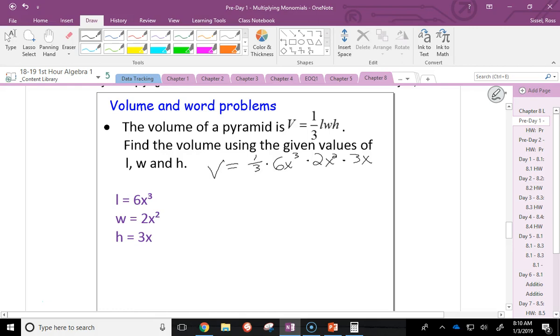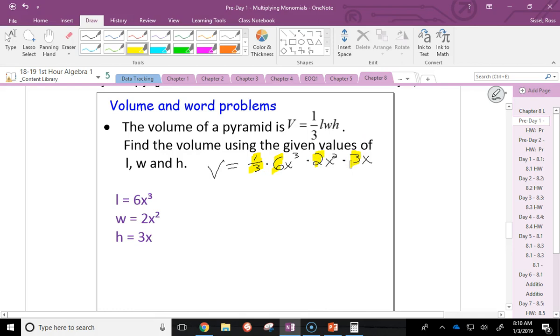Nothing has changed. We're still going to do our 3 steps. Katie told me last time, what is step 1? What's the first thing we want to do, Rahab? Coefficients, good. So I'm going to look for my coefficients. I have a third, 6, 2, and 3.